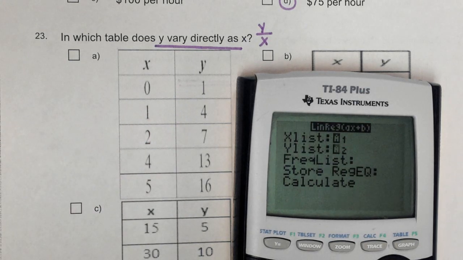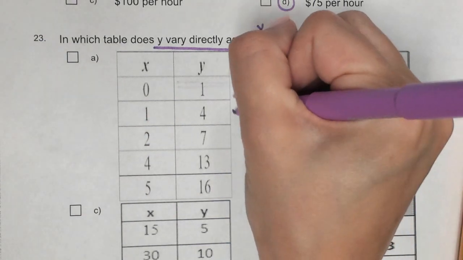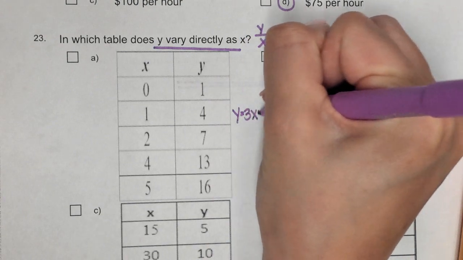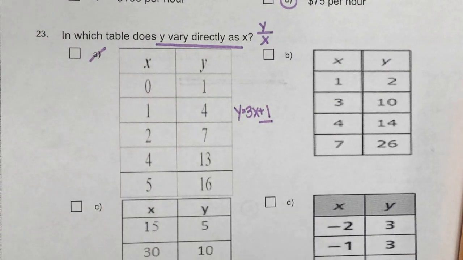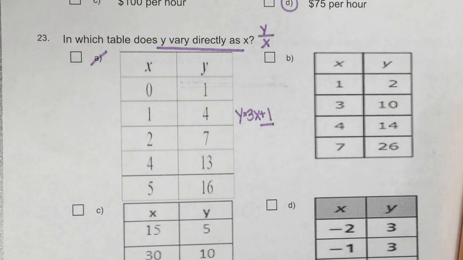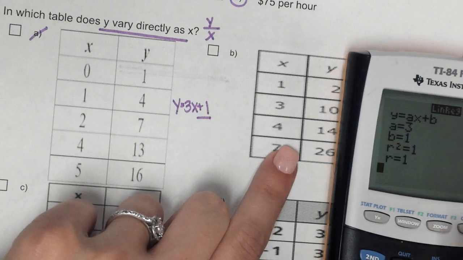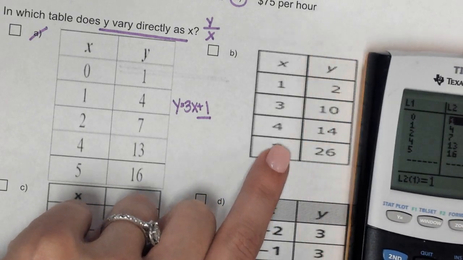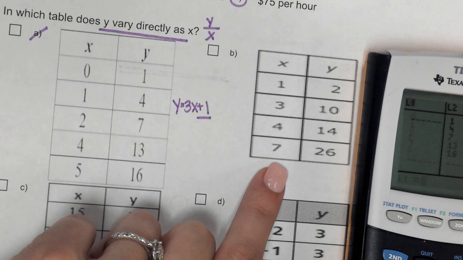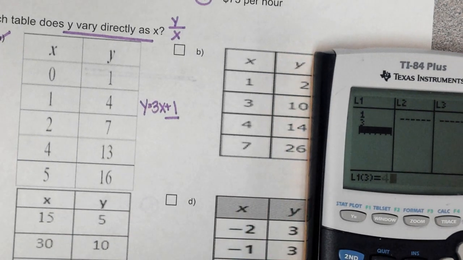Stat right 4. So we get y equals 3x plus 1. So no, because it's got this y-intercept other than 0. Okay, let's do B. Stat, edit, and we're going to type in our new points. So the x values are 1, 3, 4, and 7.